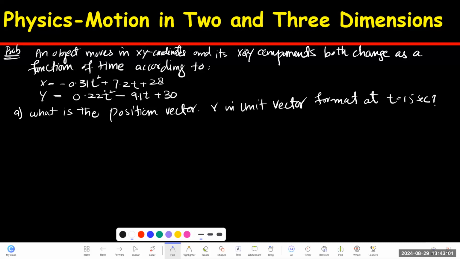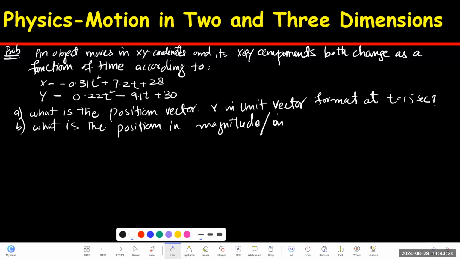Okay, that's part A. And part B is, what is the position in magnitude and angle form? Okay, so we have two parts. This covers both sides of this kind of problem.